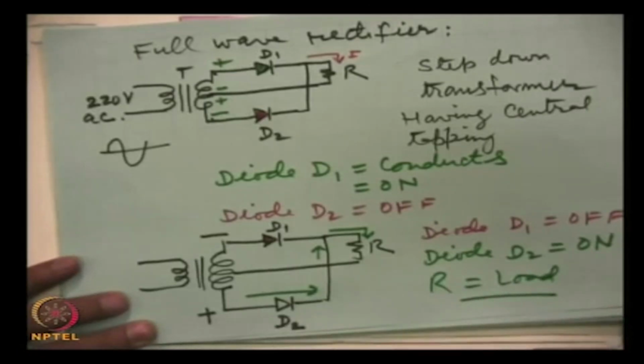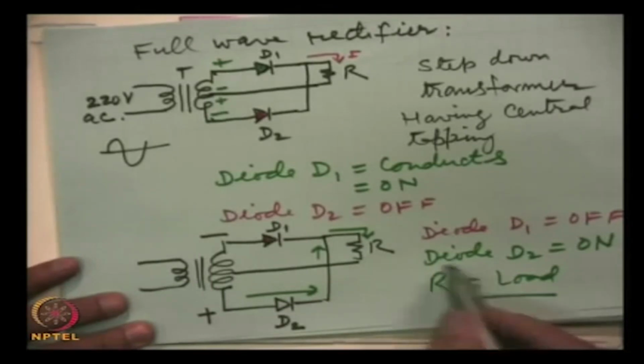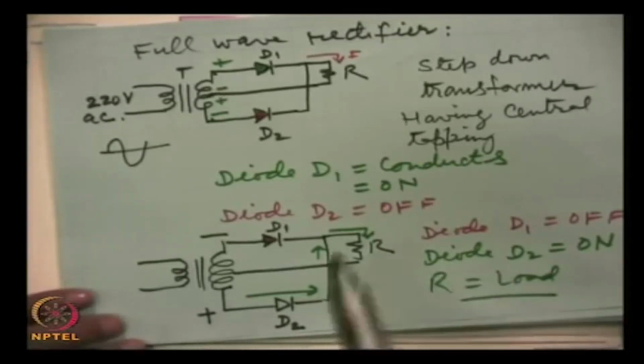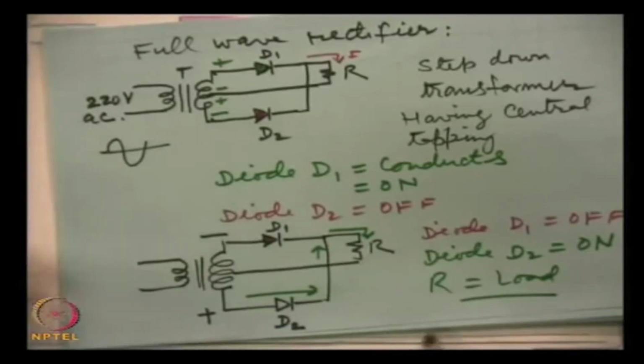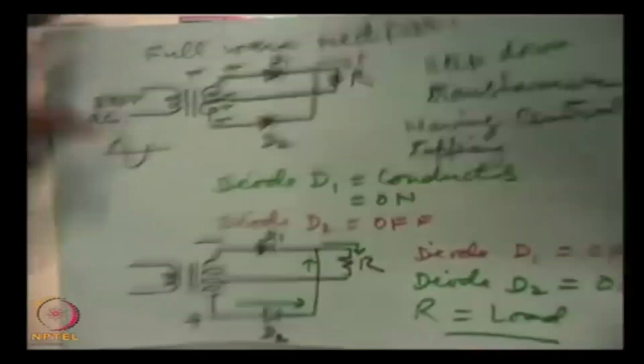Load can be any device like a tape recorder, for example, and then this will be the resistance, the input impedance of that device that will act as a load. So, what will be the output waveform?